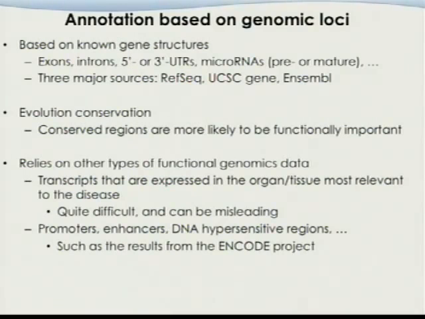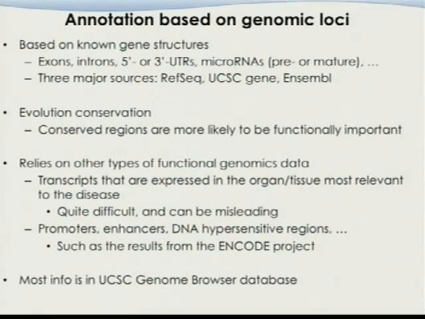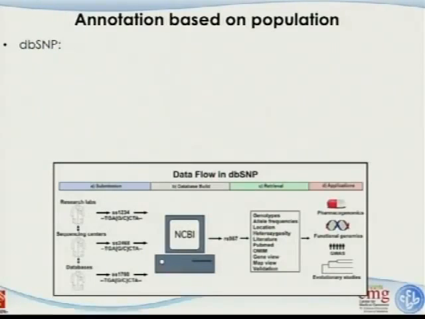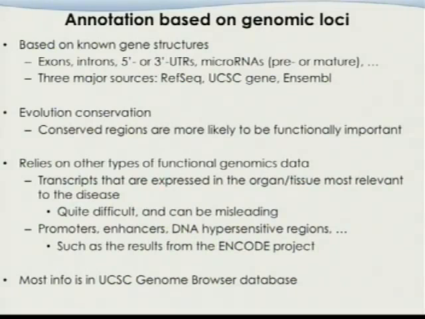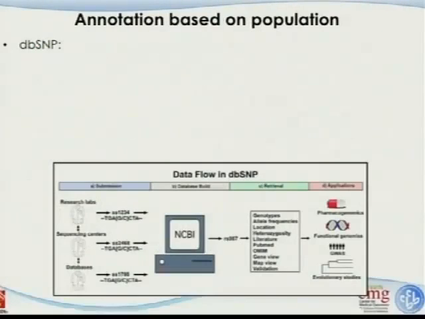This really makes sense, and other types of annotation derived from functional genomics data are important. Most of this information is actually just one of the tables in the UCSC genome browser. If you can do reasonable programming, your variations can be mapped to those regions. Okay? And so that is the annotation based on the genomic loci.